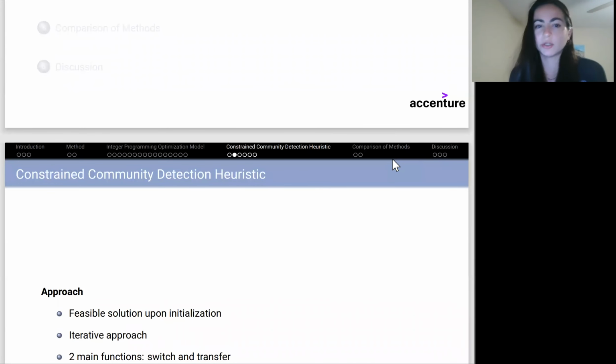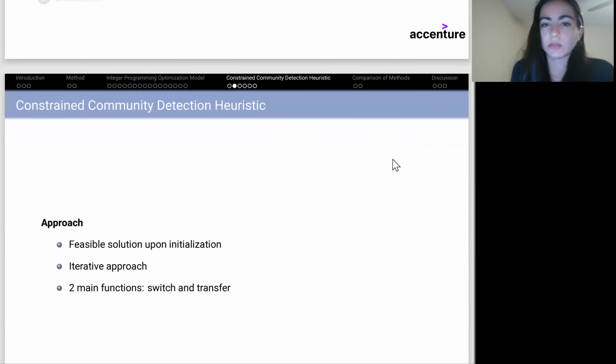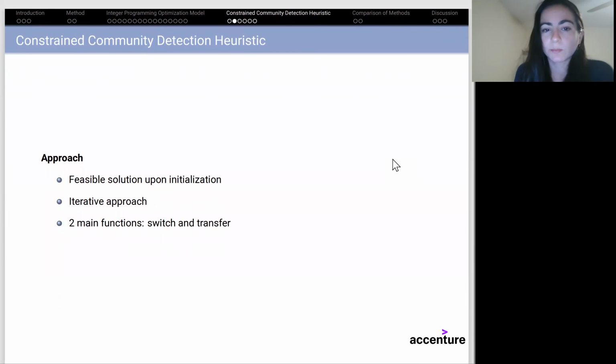Next, we're going to move on to the constrained community detection heuristic. So this is a little different than the IPs because with the constrained community detection heuristic, we actually have a feasible solution upon initialization. We set it up like that.